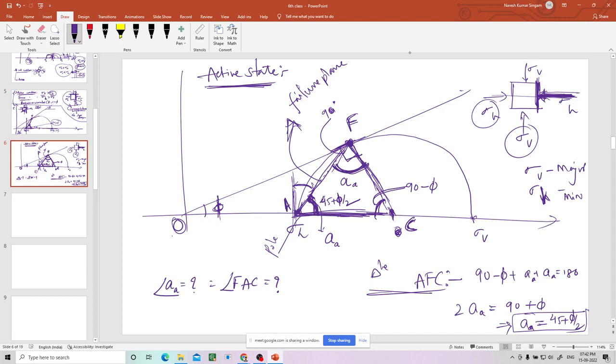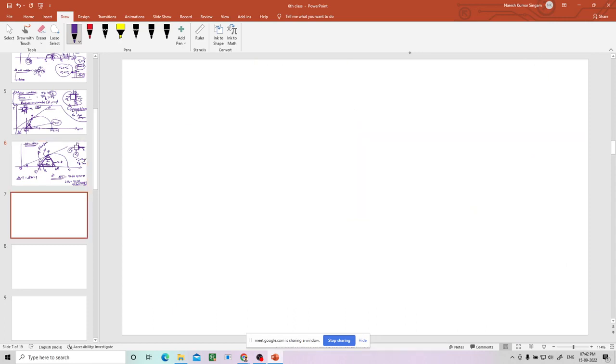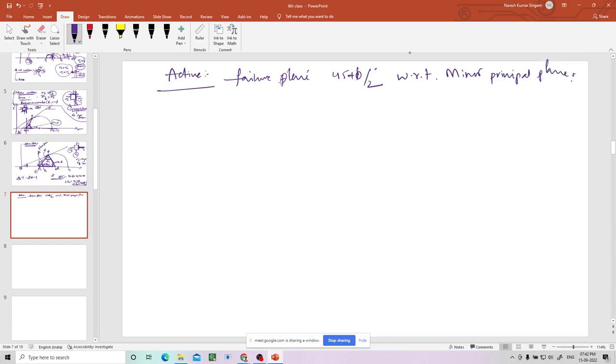So you can say in the active state, the failure plane is making 45 plus phi by 2 angle with respect to the minor principal plane. Okay, that is what is proved.